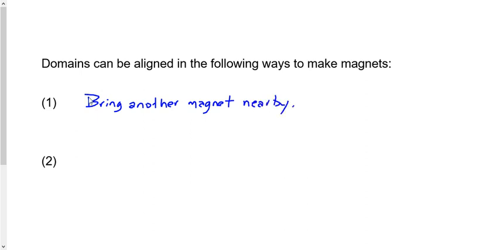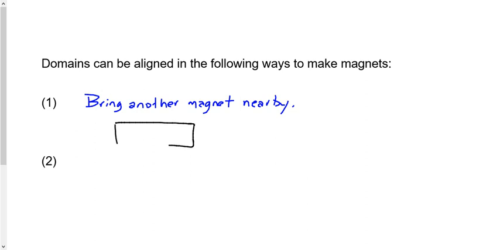When you bring another magnet nearby, the aligned domains in that first magnet, the thing that's already magnetized, will cause either a temporary or a permanent alignment of domains in the second non-magnetized ferromagnetic material. So it might look like this.